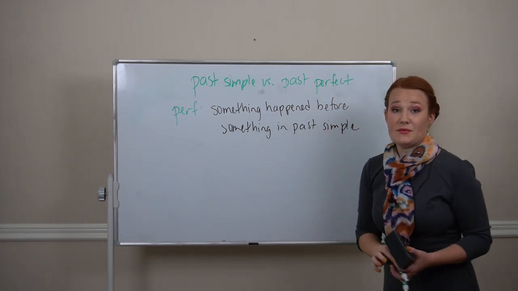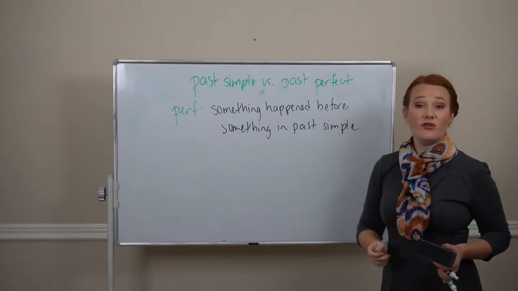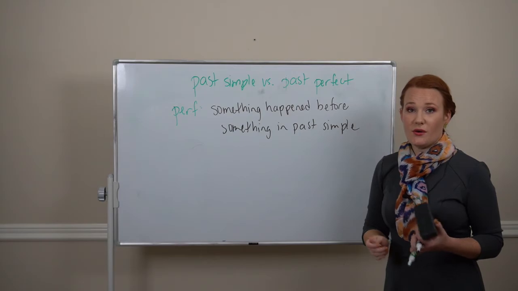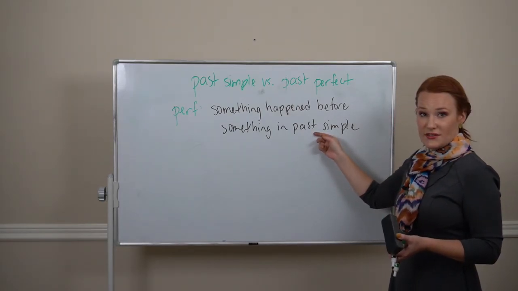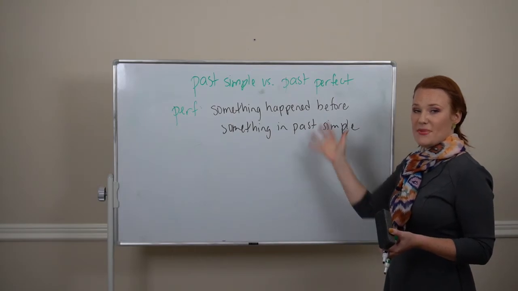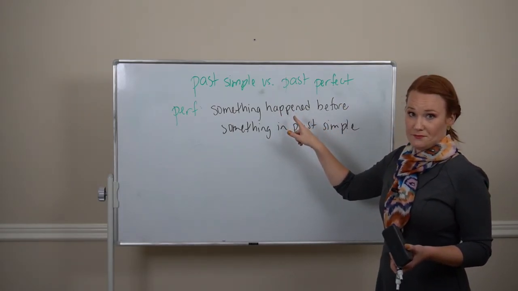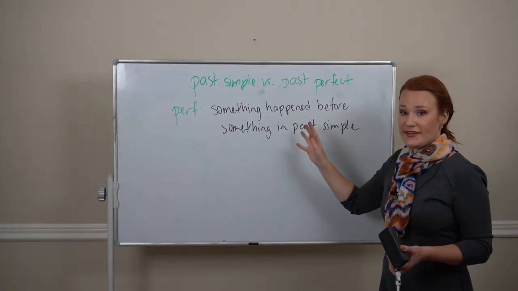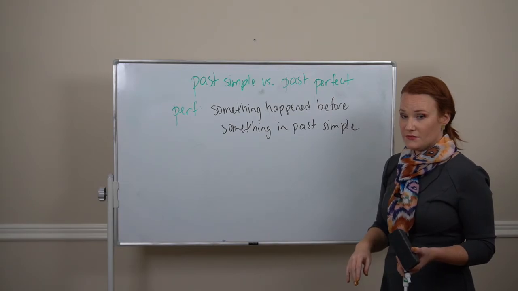So my previous example was, I had already performed the song, so I didn't want to do it again. I didn't want to do it is my past simple. Before that feeling, I had already performed it. So 2 things happened. One thing happened before the other one happened.